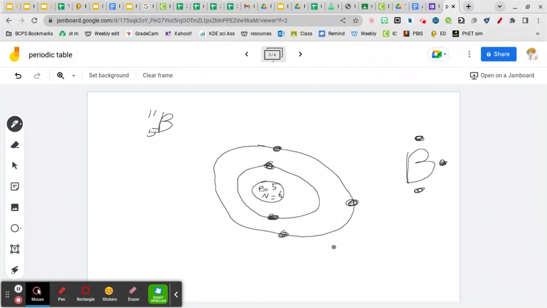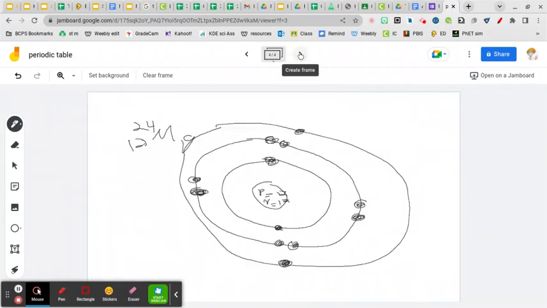This outer ring only has 3. Here's magnesium. It has 12 total electrons, but only 2 of them are on the outer ring. So it has just 2 valence electrons. Its Lewis dot structure would just be Mg. Sorry, that's a terrible M. And then 1 dot, 2 dots.